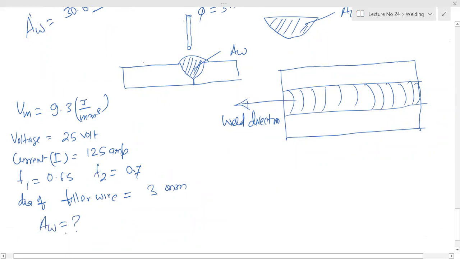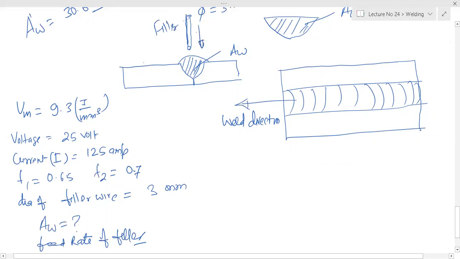And second, the feed rate of filler. This is your filler, and that is to be fed.